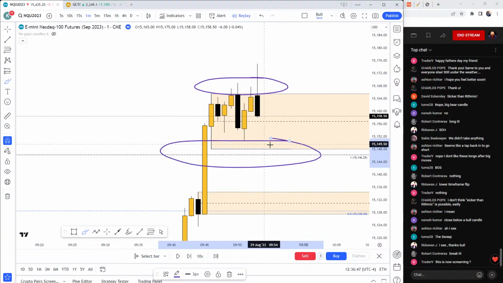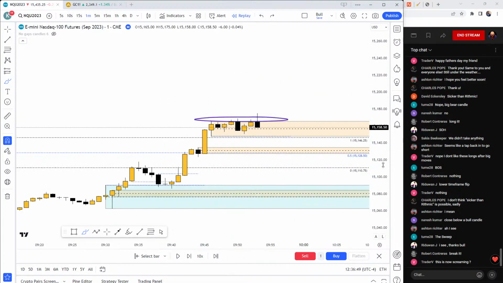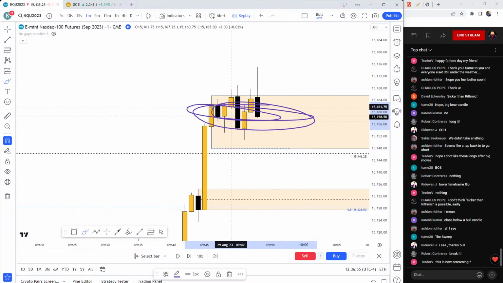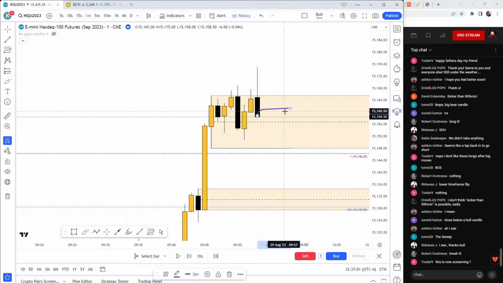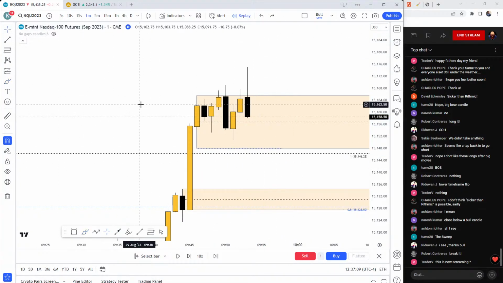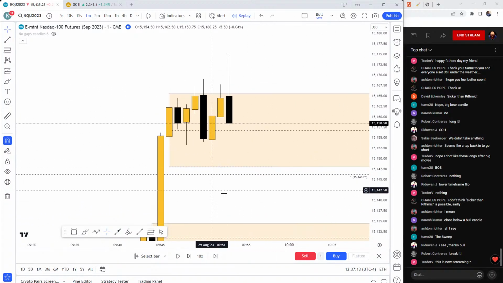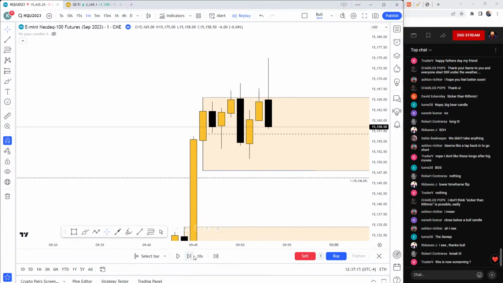But we're definitely looking for longs at the bottom of it on failure. On failure. We are staying out of anywhere in here. No thank you. Because if you're long here, you're expecting us to take this high. If you're short here, you're expecting to break lows. We don't have that ability.